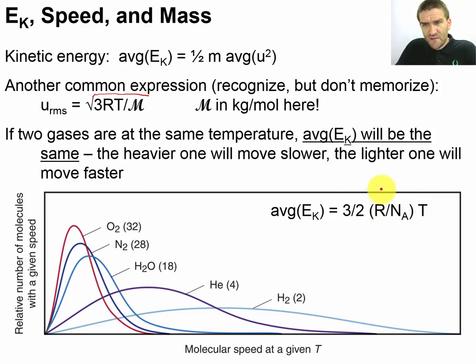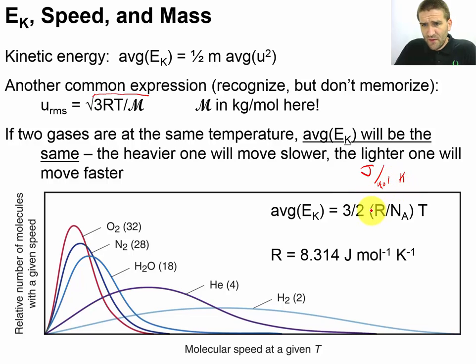If we're thinking of R as being the version of R that we usually don't use in the ideal gas law, the one that's actually going to have units of joules per mole Kelvin.